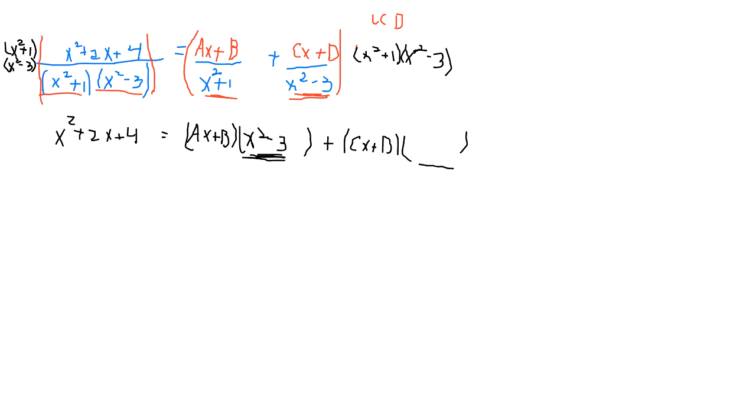What's going to go in the second spot? x squared plus 1. That's right, Henry. And then what you have to do is expand out the right side, and you'll get equations for A, B, C, and D. You'll have 4 equations and 4 unknowns. And hopefully, a couple of them will be easy to solve.